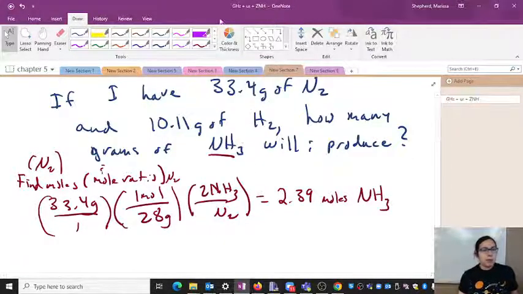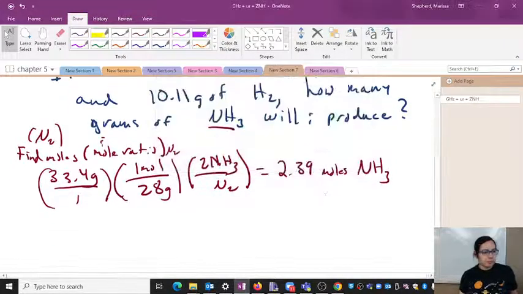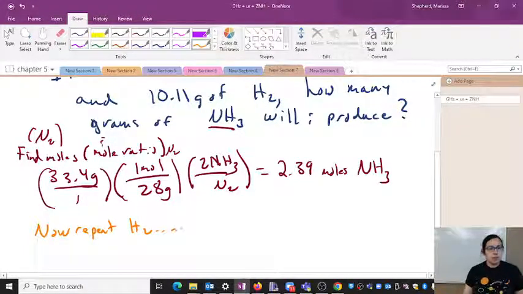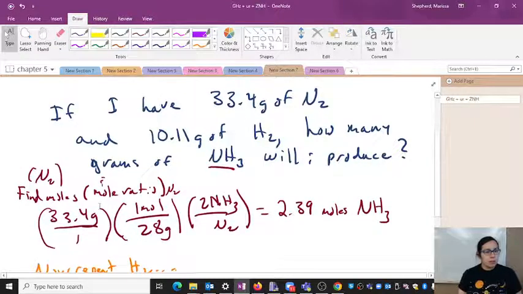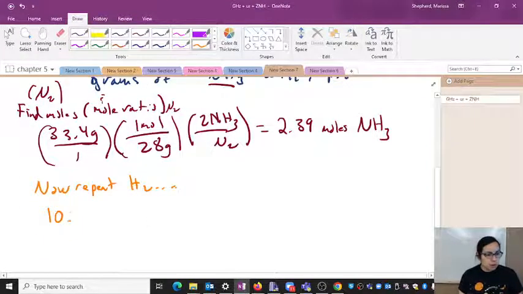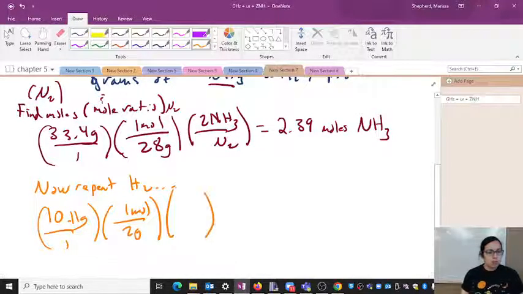So now let's repeat for hydrogen. So we'll do the same. So figure out how many moles of ammonia. So we have 10.11 grams divided by our 2. And then what ratio should we plug in here?